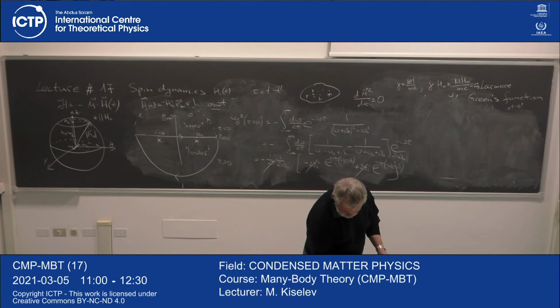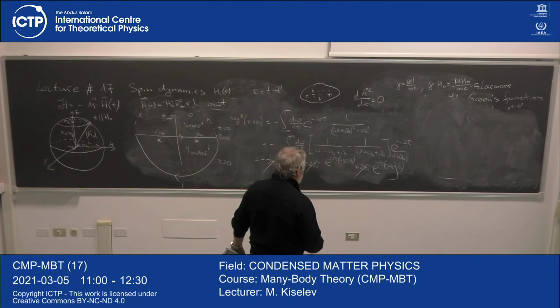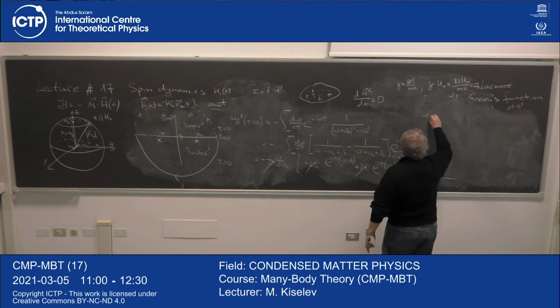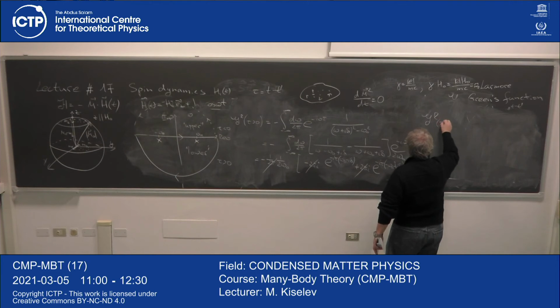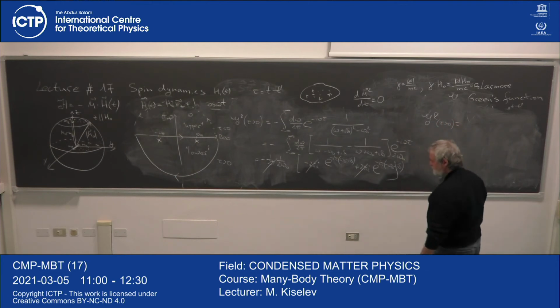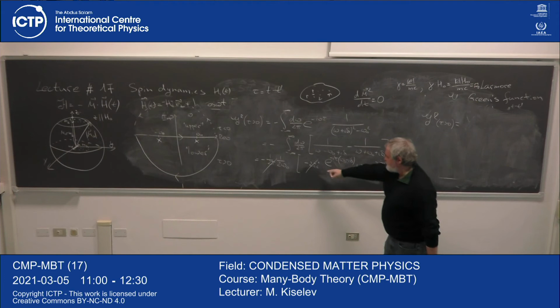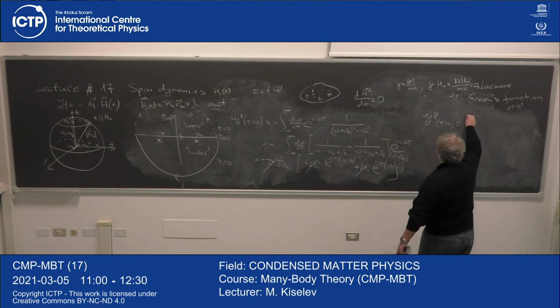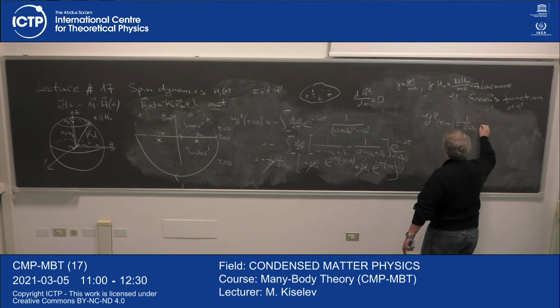Did I make a mistake with the sign? No, I did not. Let's see. G_R at positive tau is equal to minus and minus plus, but it's 2 omega naught i.